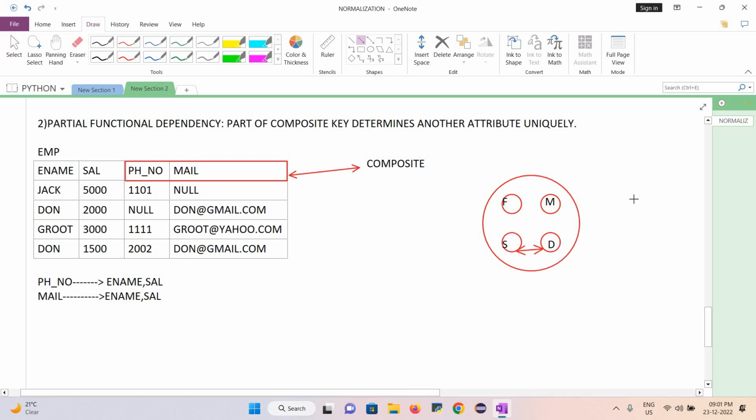But here both the mother and father are financially independent, so the son and daughter can access money from the father, and along with that they can access money from the mother also, which means son and daughter depend on both father and mother. This is called a composite key or partial functional dependency.